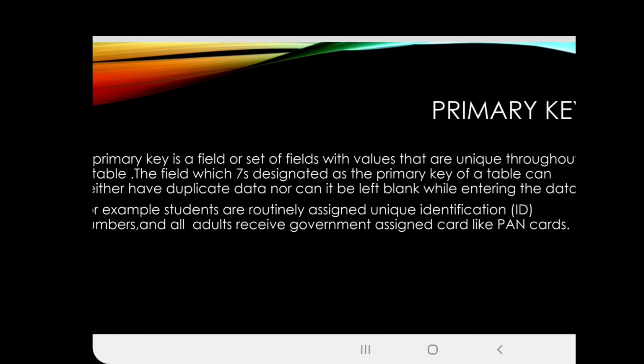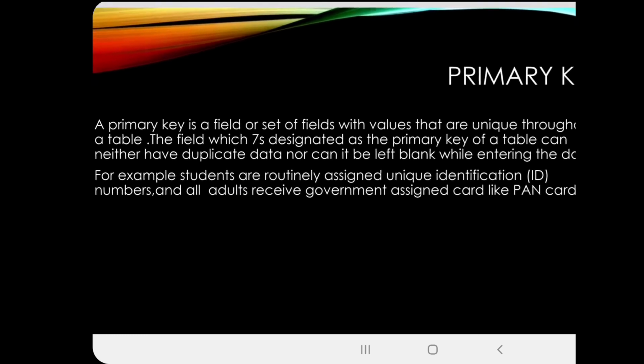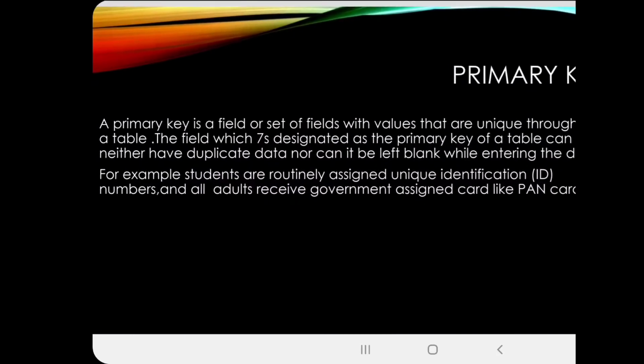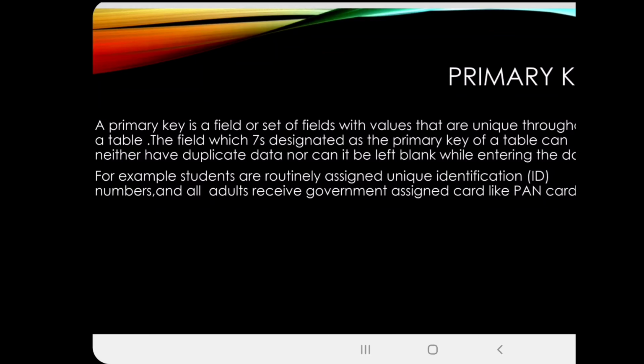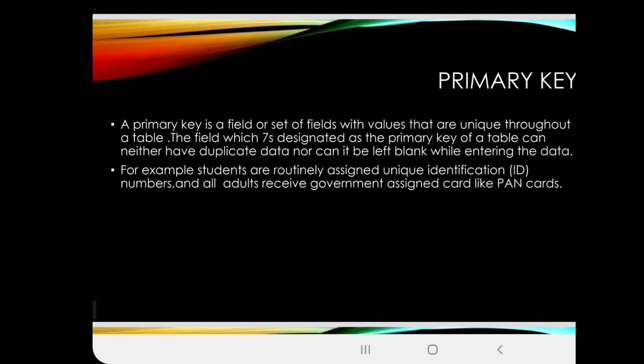For example, students are routinely assigned a unique identification, meaning an ID card, whereas adults receive government-assigned cards. We call it PAN card or Aadhaar card. So they are called the primary key, which is only designated for that particular person. Others cannot make it, others cannot duplicate it, and it won't be blank. If somebody asks you what is your ID number or Aadhaar card, you can't say I don't have. This is not the answer.